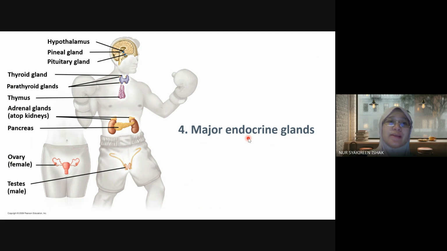Like for example, the hypothalamus. Hypothalamus is composed of neurons. Because the cells of the hypothalamus are neurons, they are capable of generating and transmitting impulse, and at the same time they can also produce hormones, so we call them neurosecretory cells.